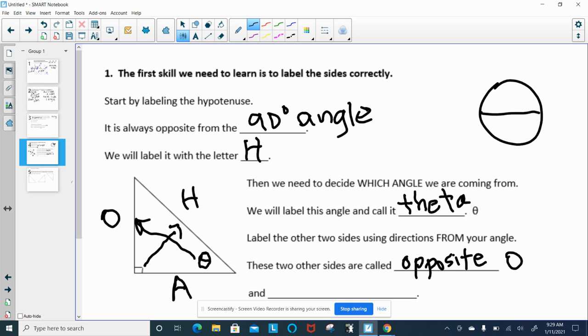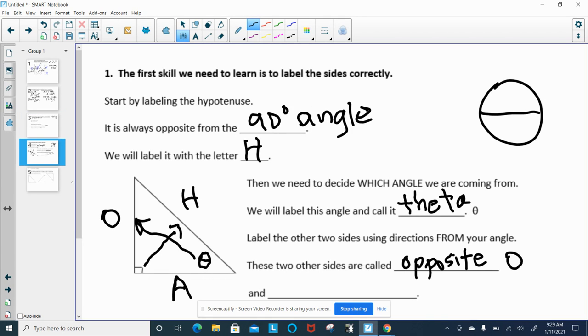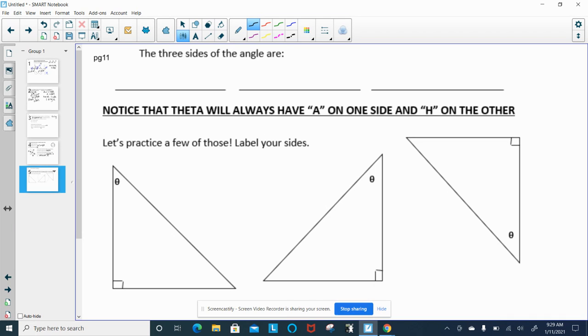That's next to theta. And remember, next to means adjacent. Or A. So that's the object of today's lesson, is how to label the triangles correctly.